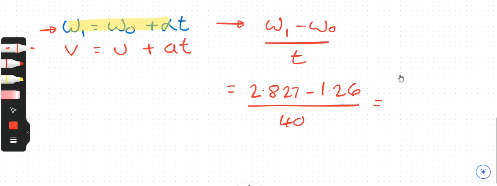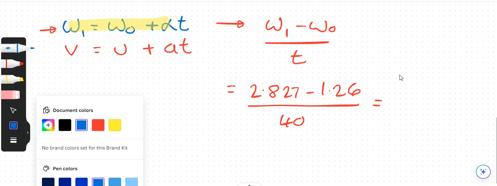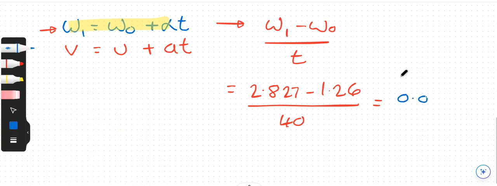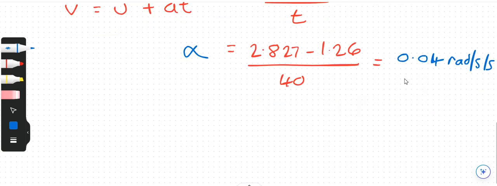If you put that on your calculator, you'll get a number that looks a bit like 0.04 radians per second per second. So now we know angular acceleration, which means we can find the torque to overcome inertia, which is I times angular acceleration.